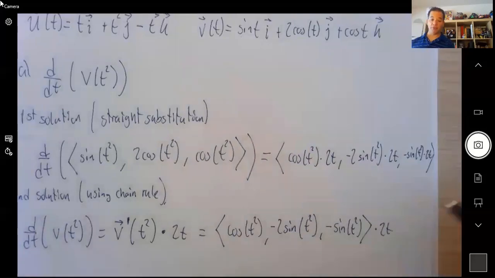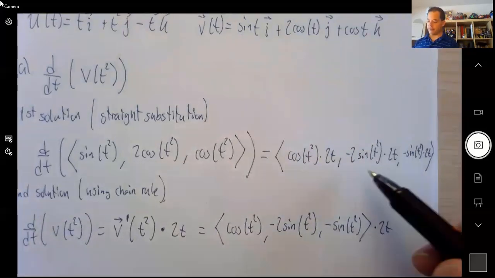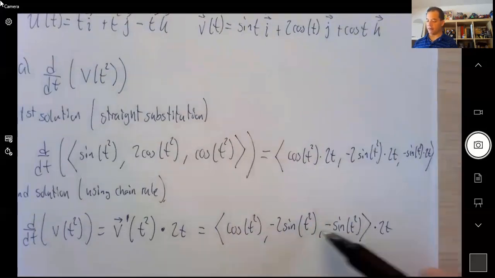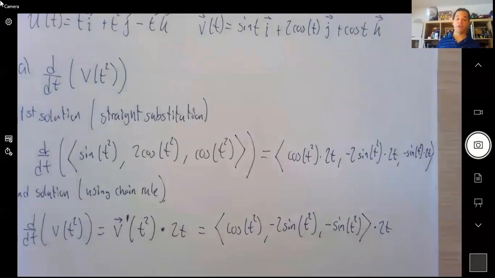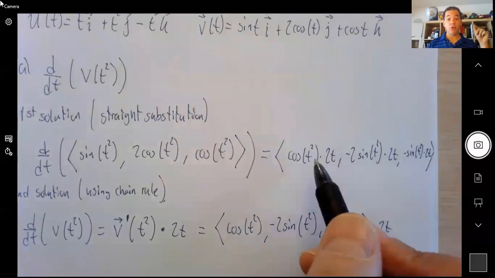It's like scalar multiplication, right? And look at them, how they are the same. See, over here is just like you already multiplied the 2t over each one of them. But it's the same answer. So which one is better? Well, it's up to you, right? What do you want to do? You want to do the chain rule individually to each one of these 3 pieces, right? You're going to need to do that chain rule 3 times.